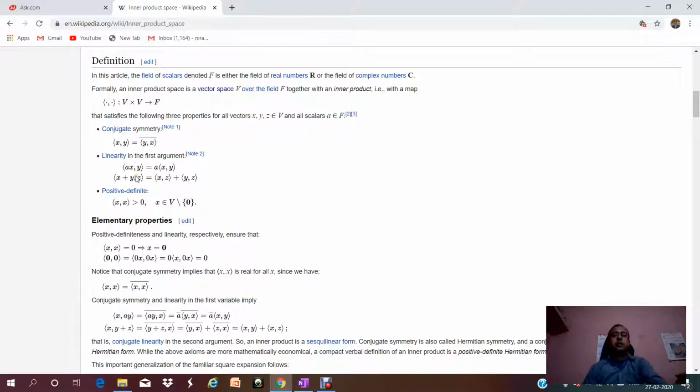And linearity is that if a is a scalar multiplied with the inner product <x,y>, then we get the scalar out of the inner product.